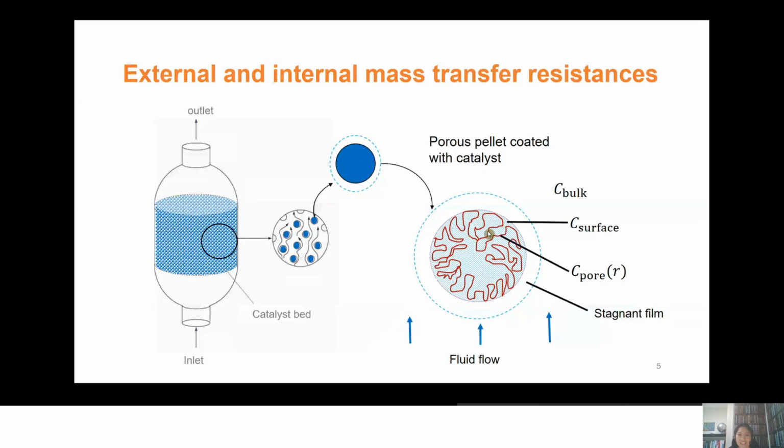So your reactant will be converted to your product. Note again that the reaction only takes place on the catalyst active sites. Very little or no reaction is taking place in the bulk phase.